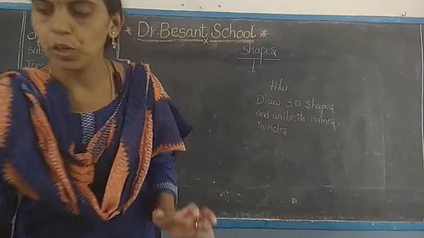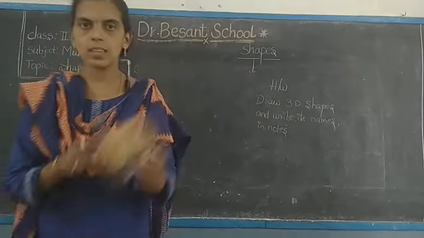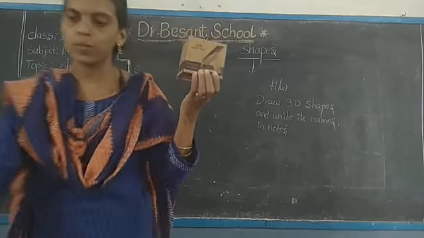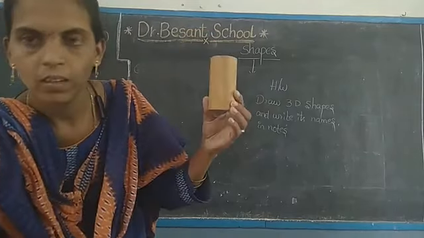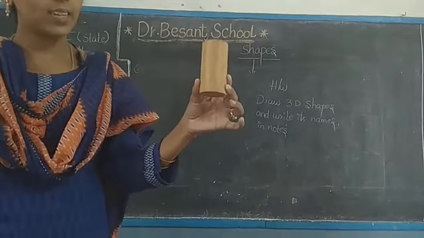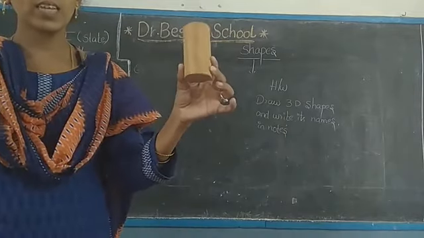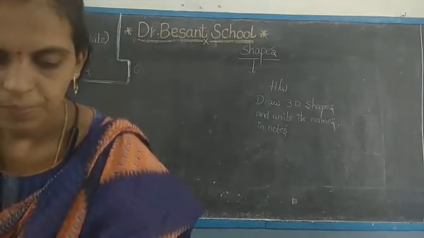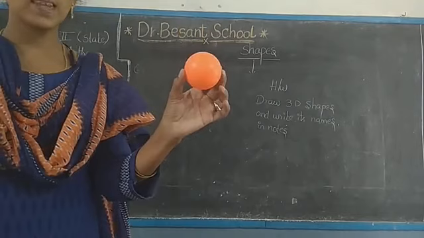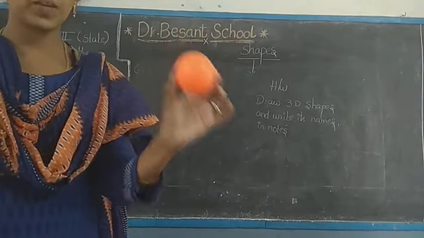Once again I am showing you what a cube is. This is called a cube. Now tell me the name of this one. This is called a cylinder. Children, what is this? This is a sphere.